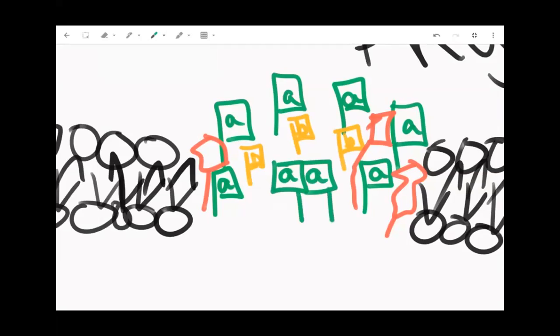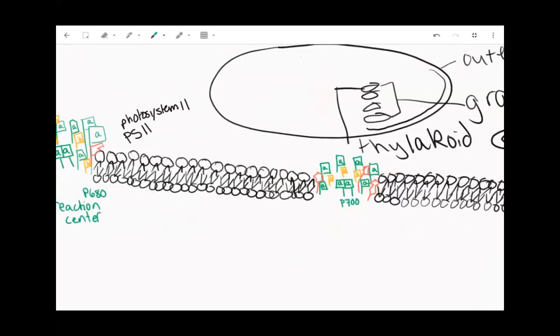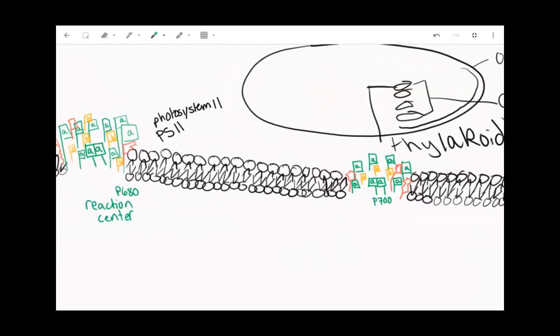But this time, these pigments absorb best at 700 nanometers. So sometimes you'll see it indicated like that. All right, so we have our two photosystems embedded in our membrane with our reaction centers. So now we're going to talk about the transfer of electrons.